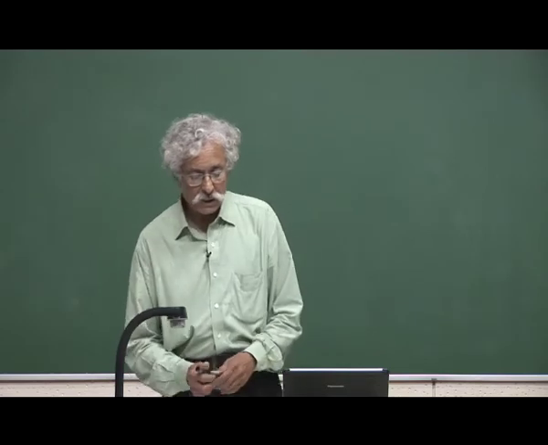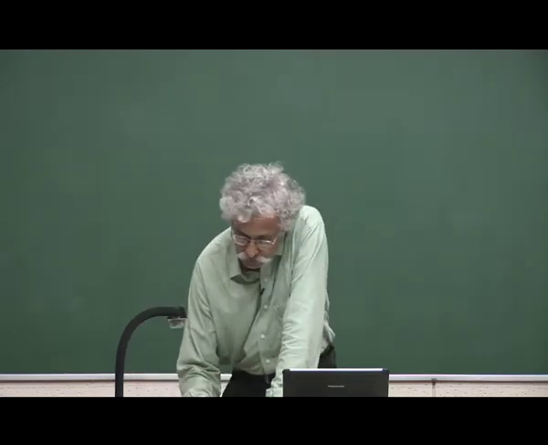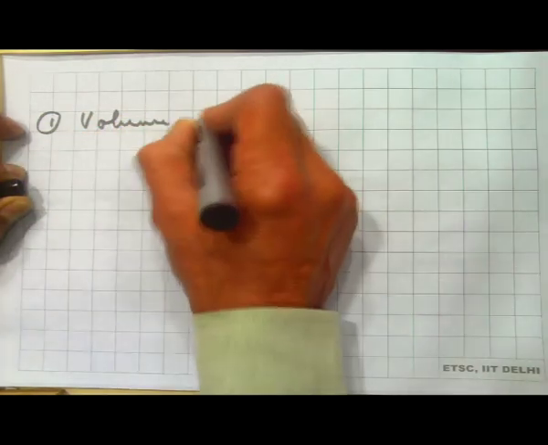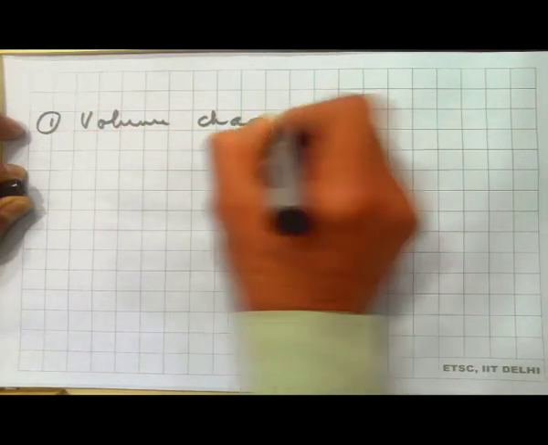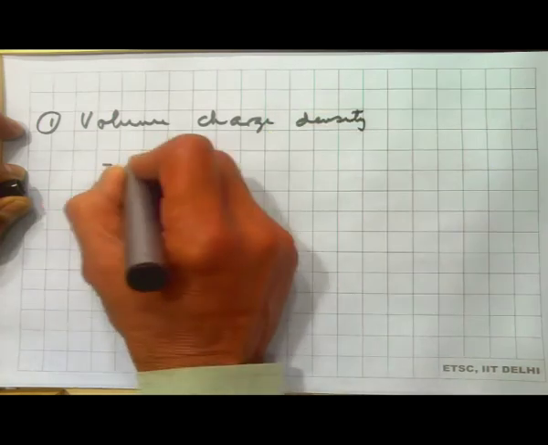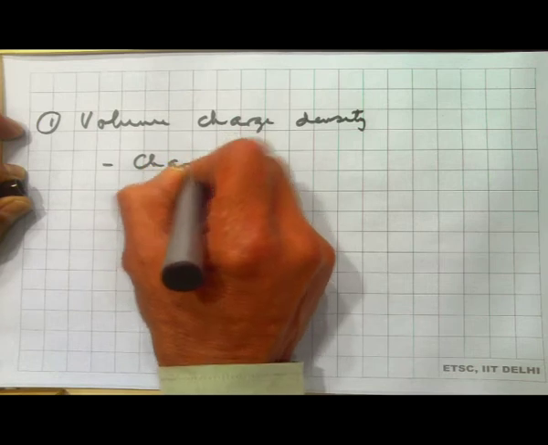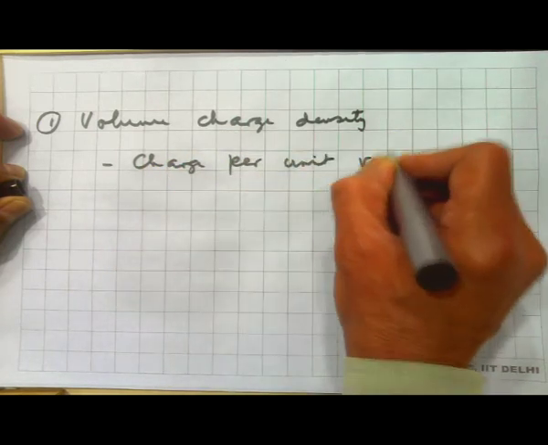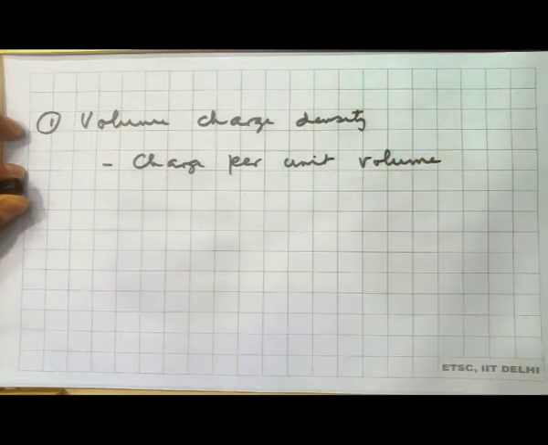Okay, so, how do I define these various charge distributions? First is volume charge density. This is defined as charge per unit volume. So, let me take an example.